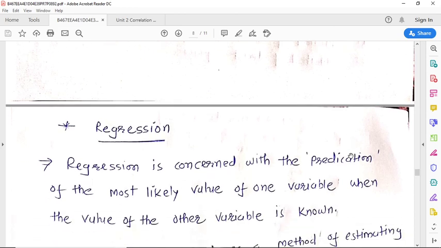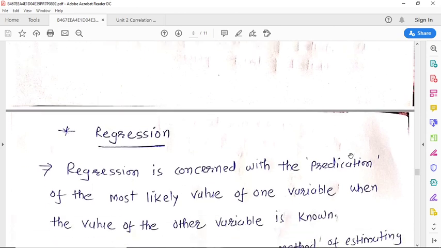Okay, so now the topic we discuss in this is the rank correlation idea. Clear? So the Spearman rank correlation concept.